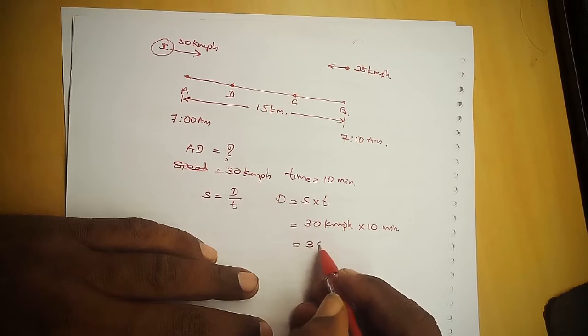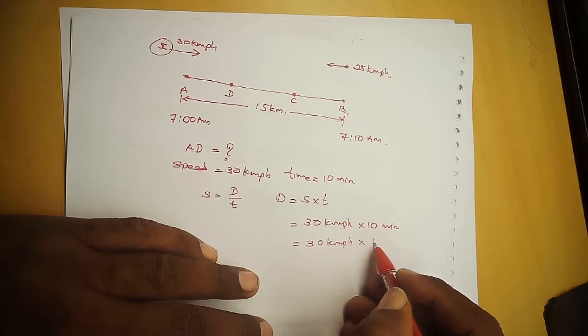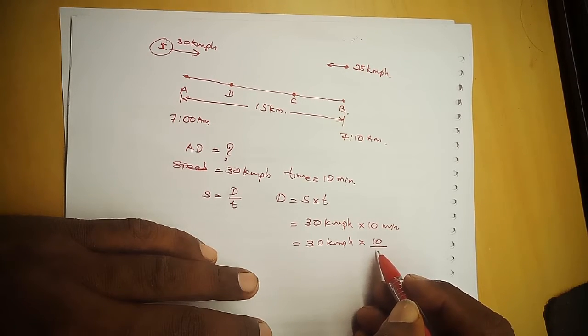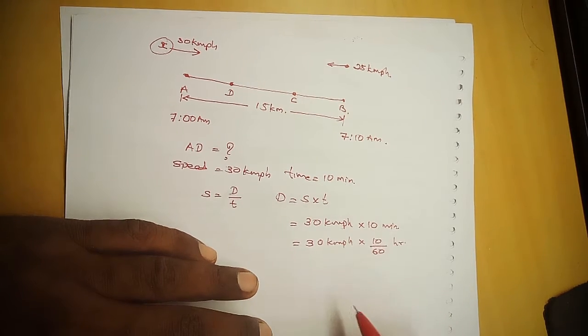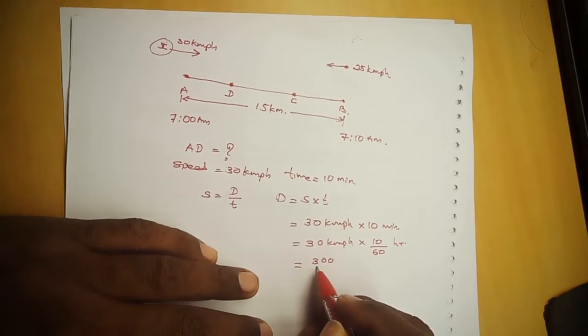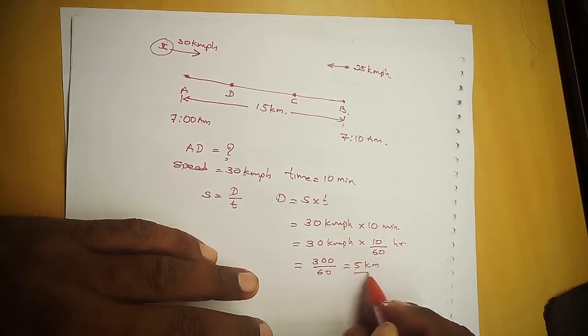So it is 30 km/h into 10 divided by 60 hours. So 300 divided by 60 is equal to 5 kilometer.